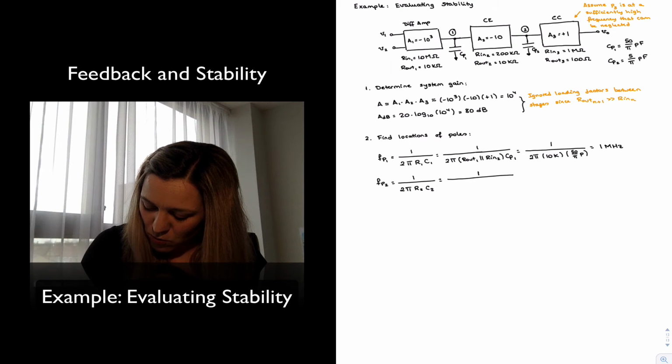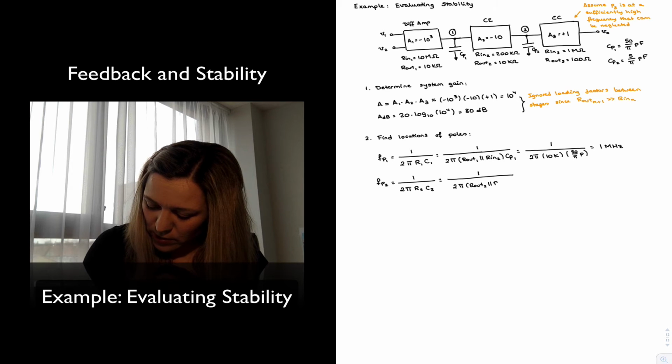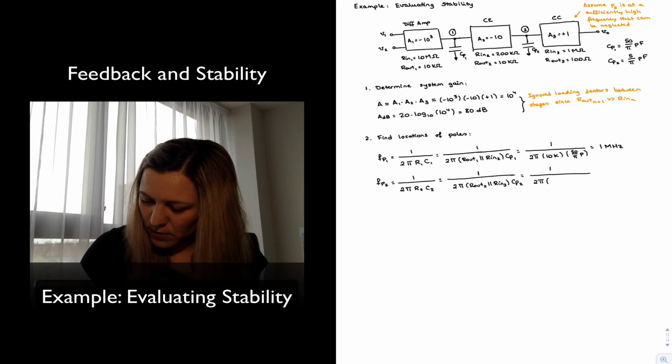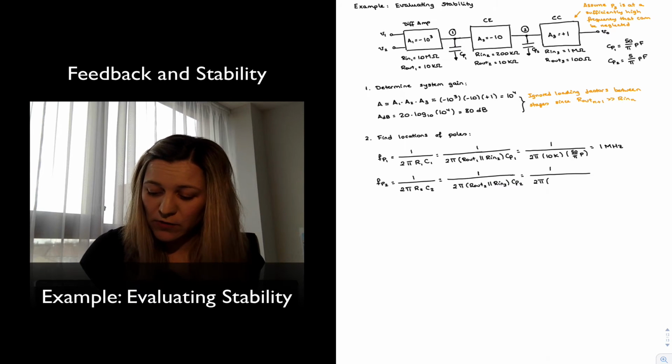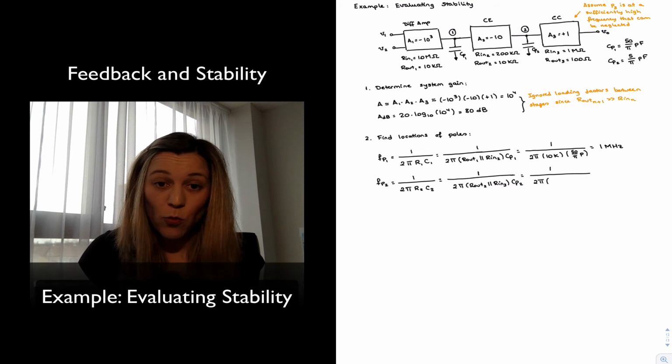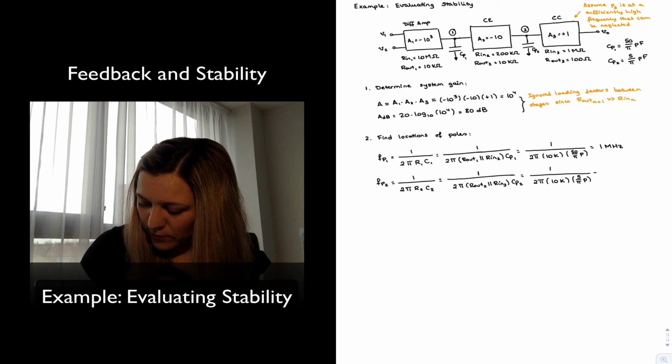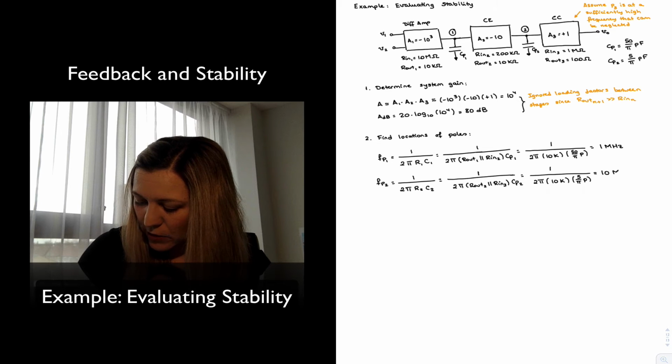So this will be 1 over 2 pi R out of stage 2 in parallel with R in of stage 3, CP2, and 1 over 2 pi, and the R out of stage 2 is 10 kilo ohms, R in of stage 3 is 1 mega ohm, so I'm going to approximate the parallel combination as being 10 kilo ohms times 5 over pi pico. And so that's going to be sitting at 10 megahertz.